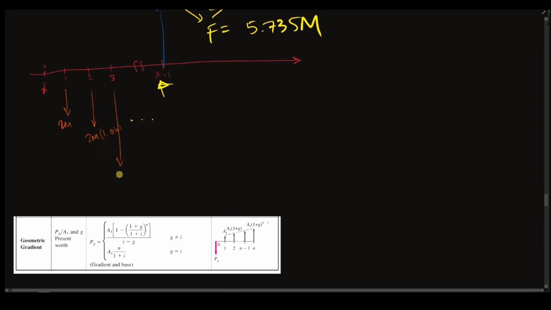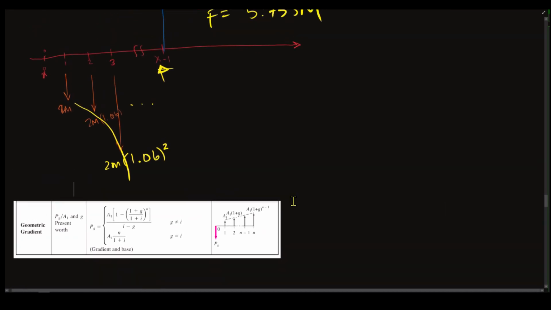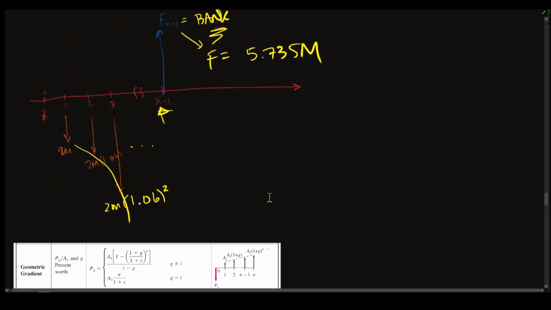Now, since we're increasing our payments, this would be 2 million times 1.06 squared each time, so this is a geometric gradient. I'm going to have to solve it using present worth, which is sort of unfortunate, because what I would like to do is solve future worth of these payments and see where it matches up with this.